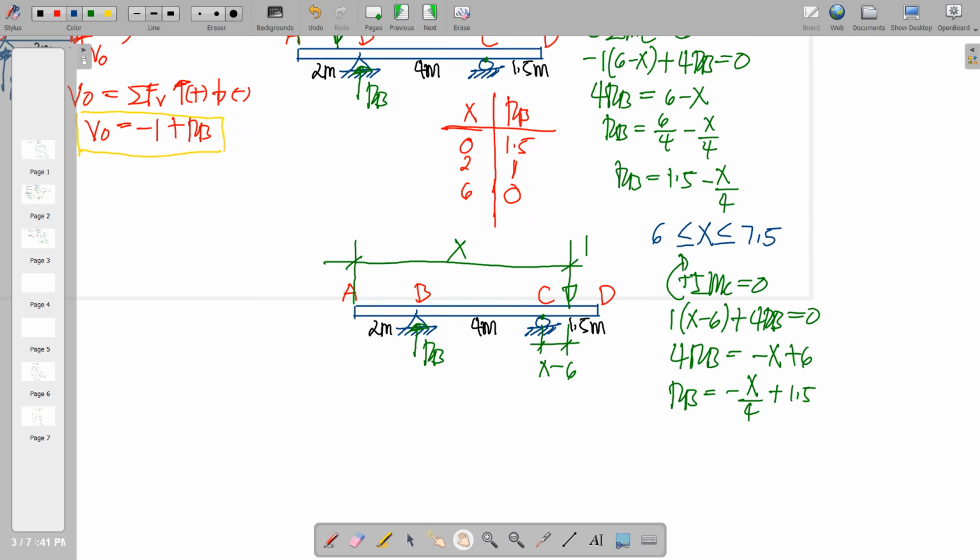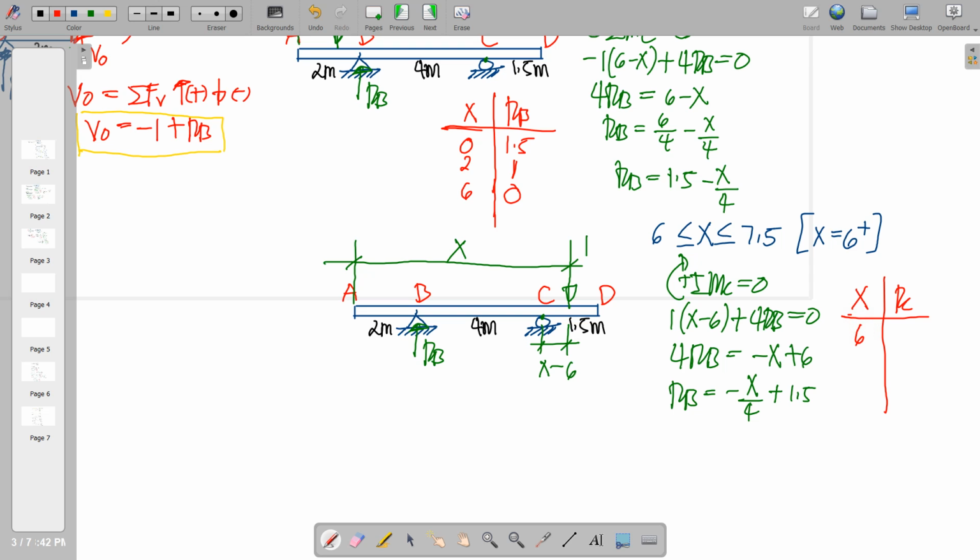And this is denoted by x, that is 6 plus. Okay, so 6 plus meaning 6 below will be neglected. We'll just be concerned with the 6 plus. So tabulating our x to its corresponding reaction at C. So let us try 6.